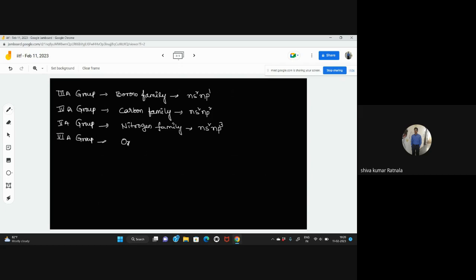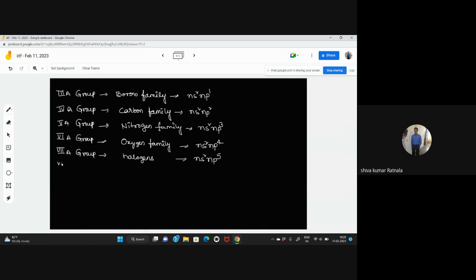Next, the sixth A group, also called the oxygen family, is ns2 np4. Next, the seventh A group, also called halogens, has ns2 np5, the general valence electronic configuration.